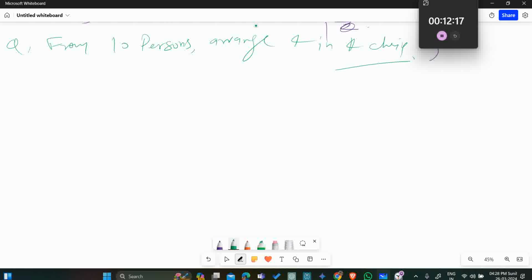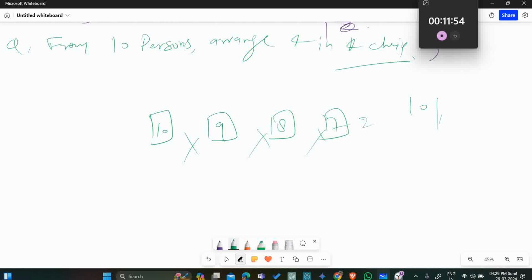How many ways? So these are 4 chairs: 1, 2, 3, and 4. 10 persons are there. We can accommodate 10 here, 9 here, 8 here, and 7 here.